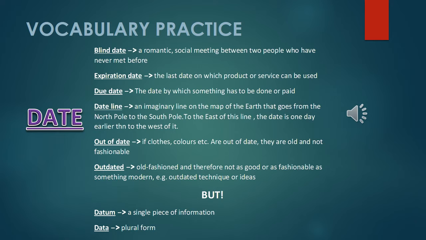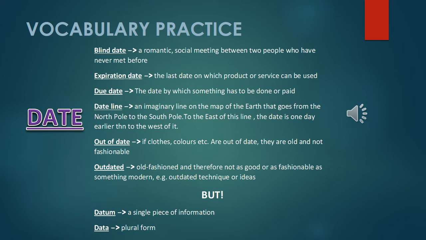Now, dateline, an imaginary line on the map of the Earth that goes from the North Pole to the South Pole. To the east of this line, the date is 1 day earlier than to the west of it. That's why we all have to be careful when texting our friends from different time zones.